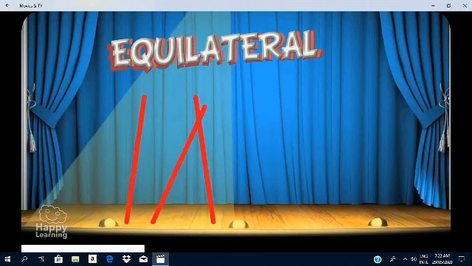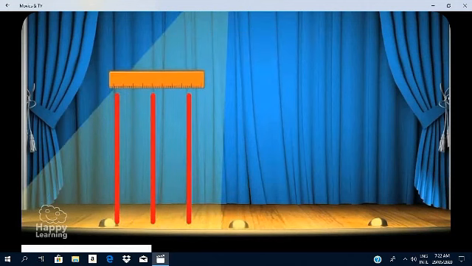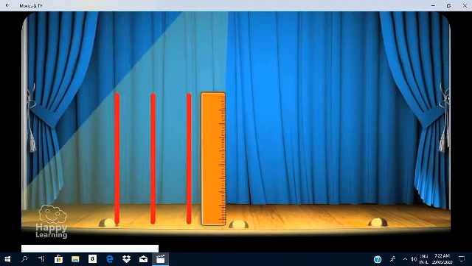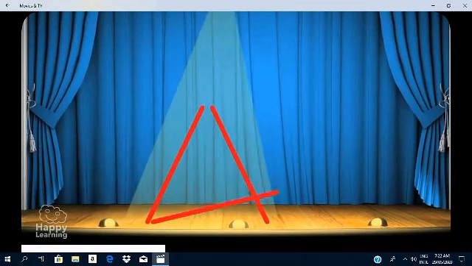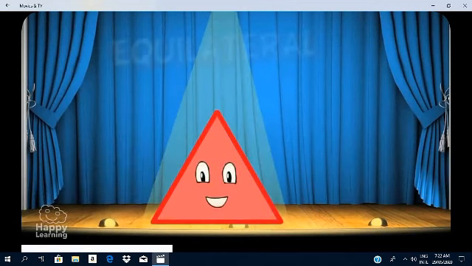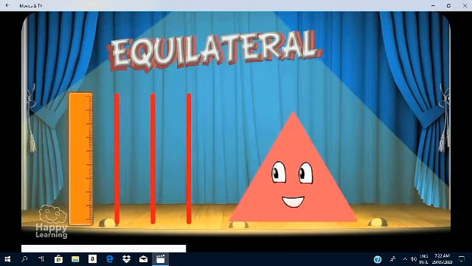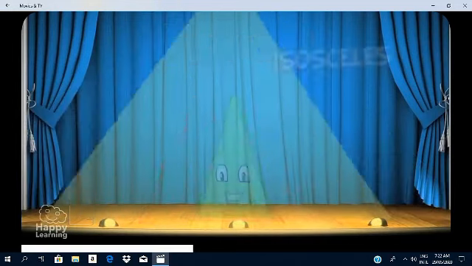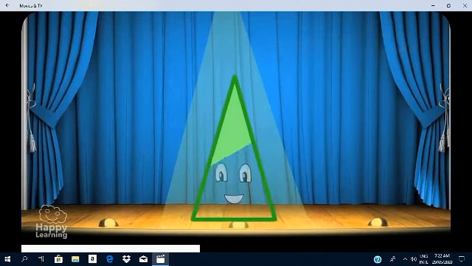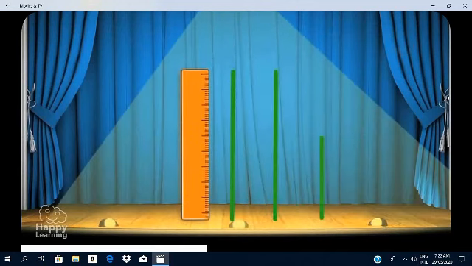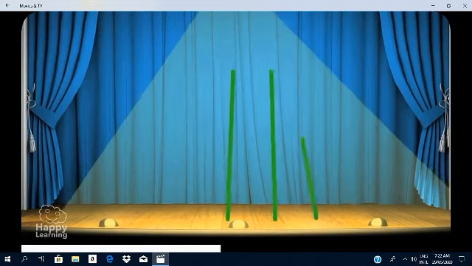For the equilateral triangle, all the sides are equal. You can see them. The sides are all equal because they have the same measurement. The next is isosceles triangle. For an isosceles triangle, only two sides are equal.